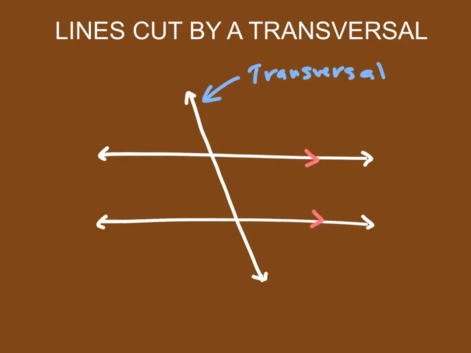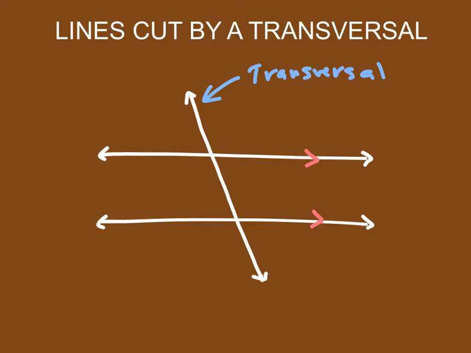So the interesting thing is that once we establish that these two lines are parallel, and this is the transversal, we can draw a lot of conclusions based on the angle measures that are created here and here of this figure.